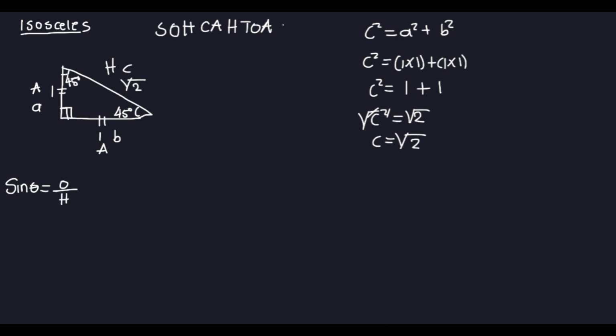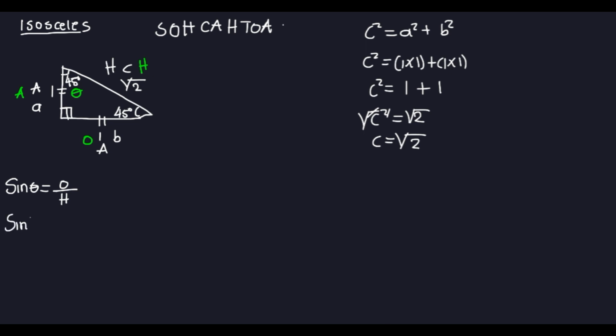Now let's go back to our diagram. We are going to choose any of these two angles. Since they are equal, any of them can work. So let's put this angle into consideration. If this is our angle of consideration, then we have the opposite here, then this adjacent and the hypotenuse. So we can now proceed by finding the sine.